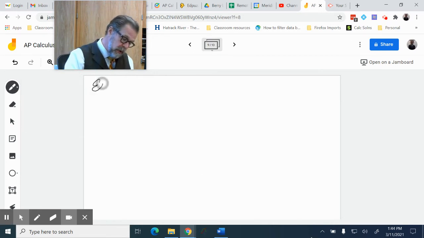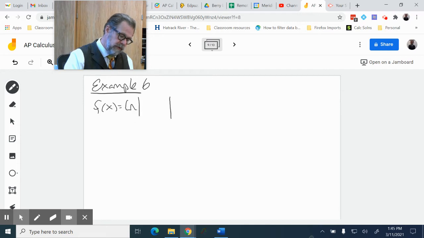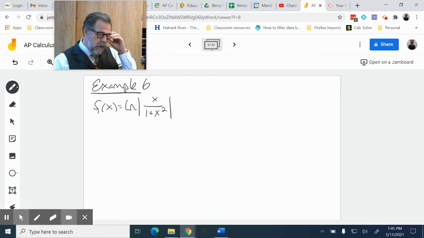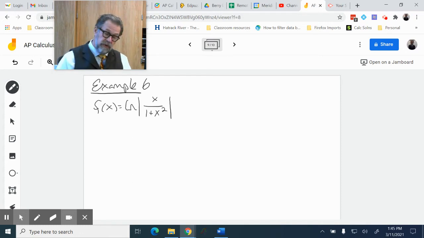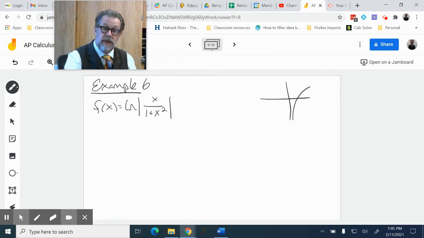Let's look at an example, and we're going to use a little bit of graphing strategy here on this one, and our function is equal to the natural log of absolute value of x over 1 plus x squared. Now, one thing that's going to be important to notice is let's take a look at the graph of this function. I know that natural log looks like this, and it has a domain of x greater than 0.